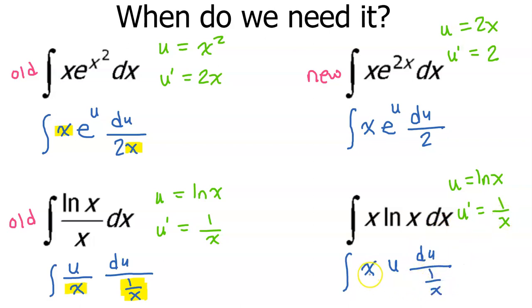But x will not be canceled out by this 1 over x. Dividing by 1 over x is the same as multiplying by x. So this would be the same thing as having x times x, which would be x squared. Because the x from the integrand does not cancel out, we would be stuck, and we will need a new method. This is when we would use integration by parts.